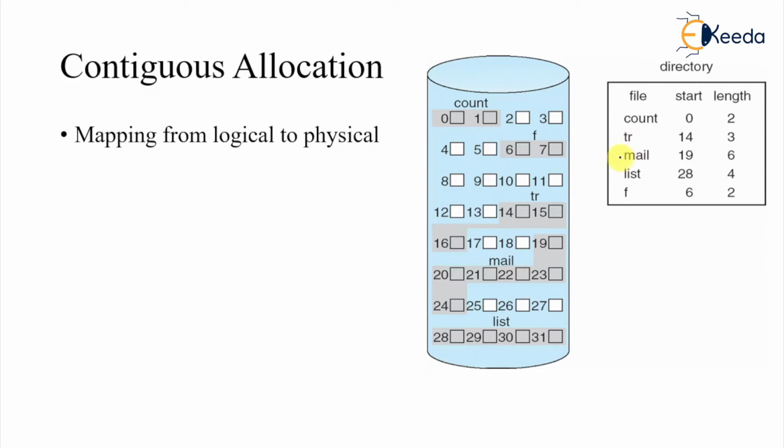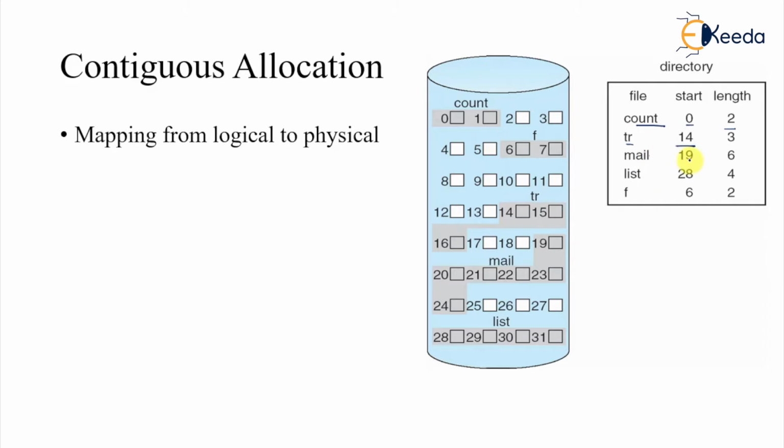Here we have a mapping from logical to physical, with the file name, start and length. Count starts from 0 and length is 2, so it occupies the 0th and first block. TR is the file that starts from 14 and has length 3, so 14, 15, 16 are occupied.